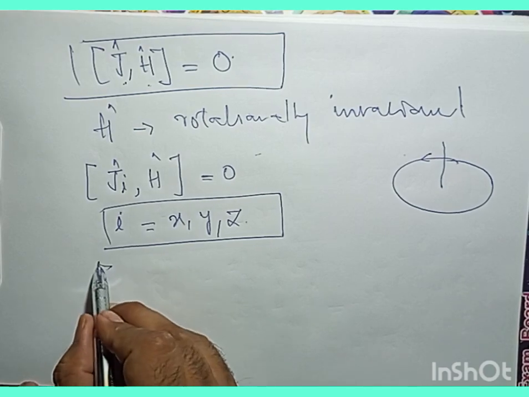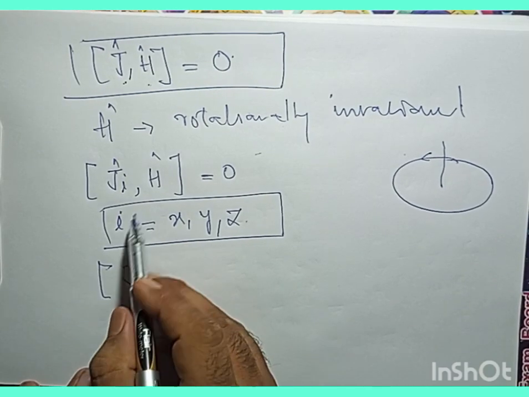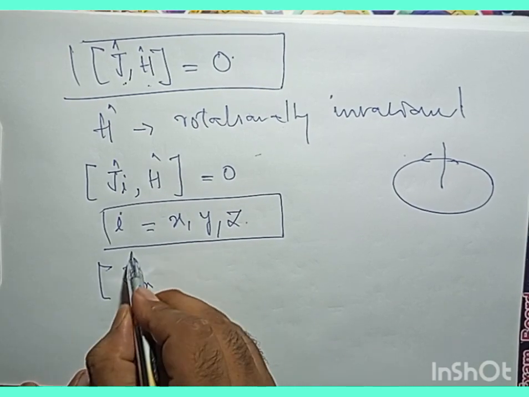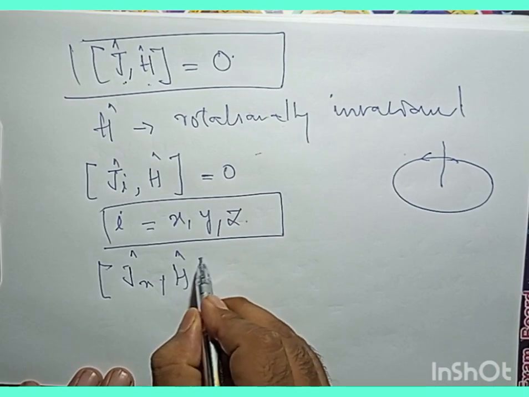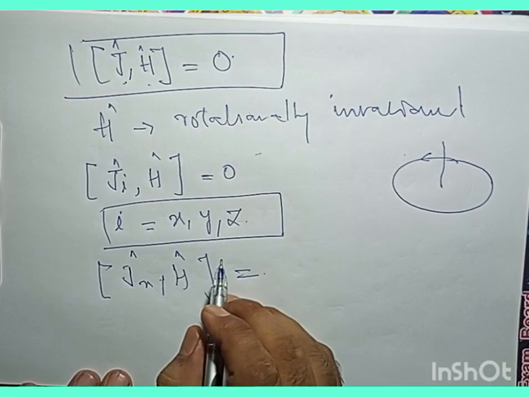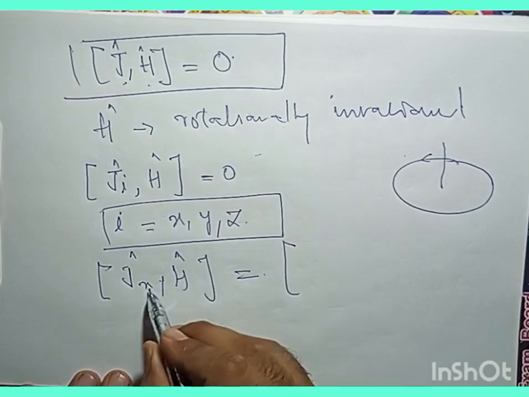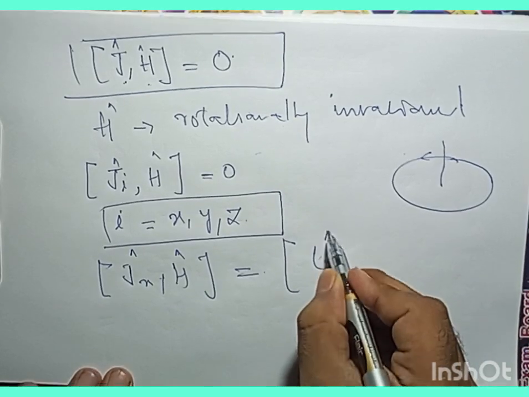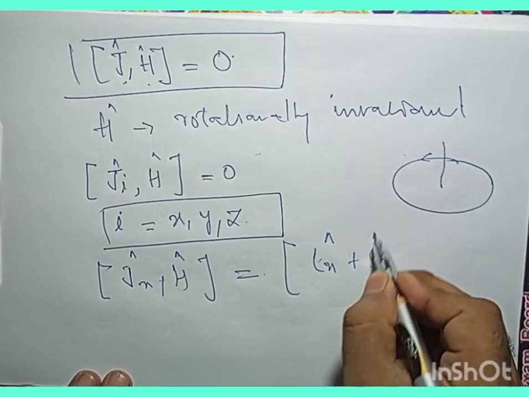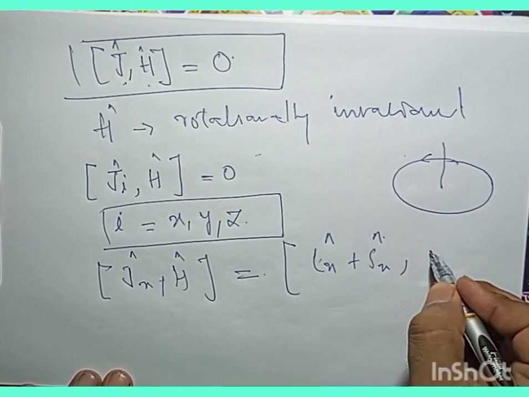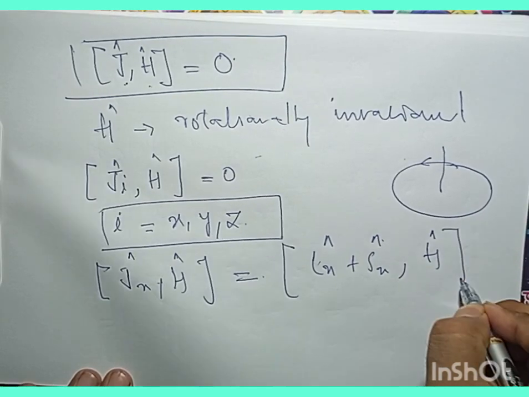So we can think of writing the commutation by replacing i by x, so Jx and H. And we can expand it for Jx: we have Lx cap plus Sx cap, and comma, we have the Hamiltonian.